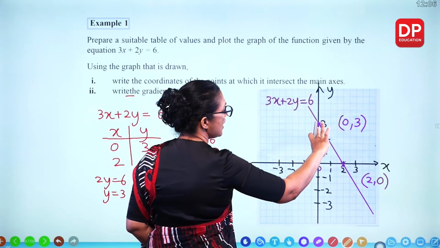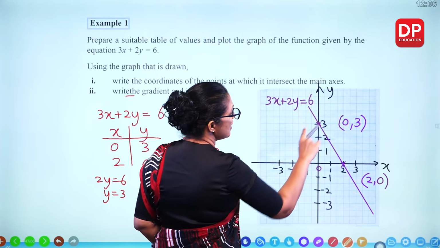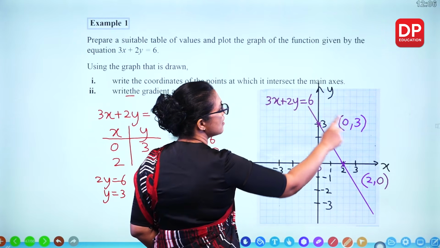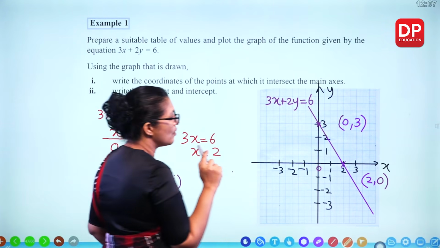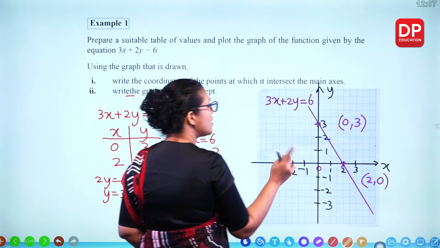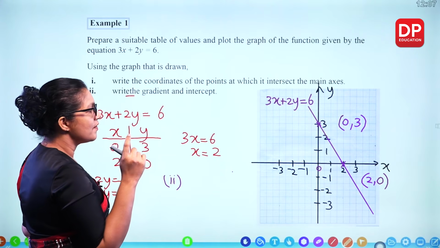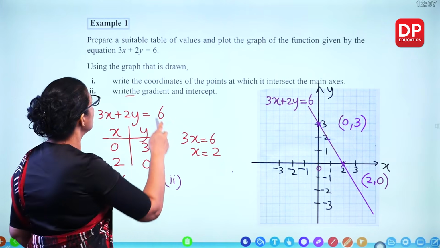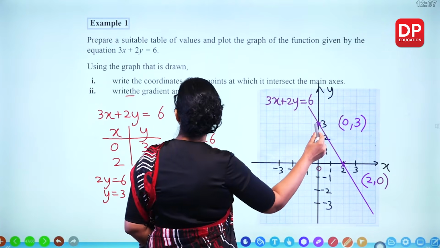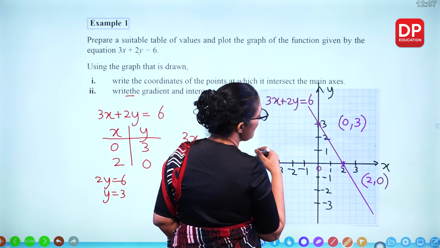Gradient, we can take y coordinate divided by the x coordinate. Here, can you take this? You can't. You can't divide by 0. What about this one? Y is 0. 0 divided by 2, you get 0. That's also not possible. So we can take any other point and see.